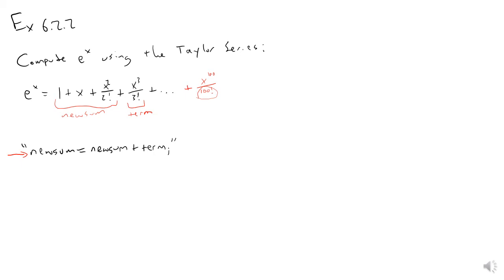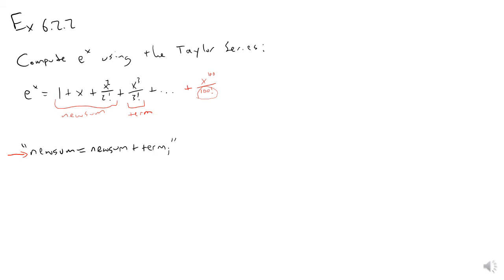So the further you go in this series, you're adding smaller and smaller numbers. Eventually, the computer is not going to be able to tell the difference between the old sum and the new sum, because you're basically just adding 0 over and over again.